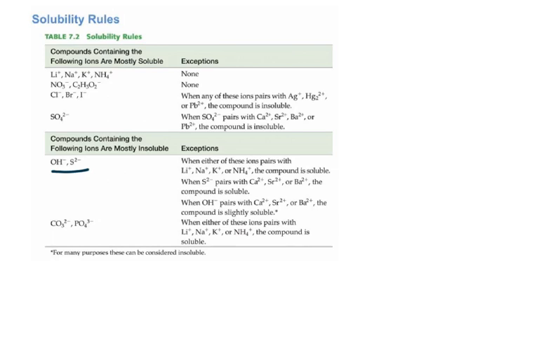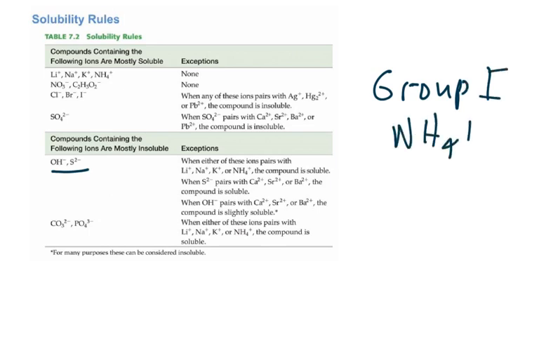The only time that hydroxides or sulfides are soluble is if they are paired up with a group 1 element, which is an alkali metal, or with ammonium, okay? And then you'll notice there's a difference.